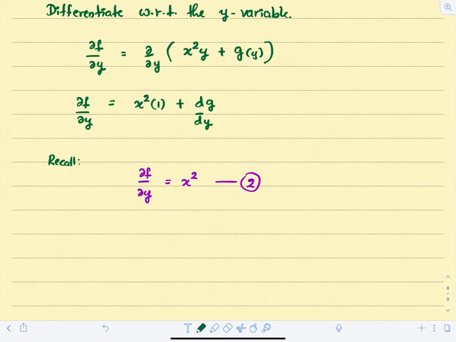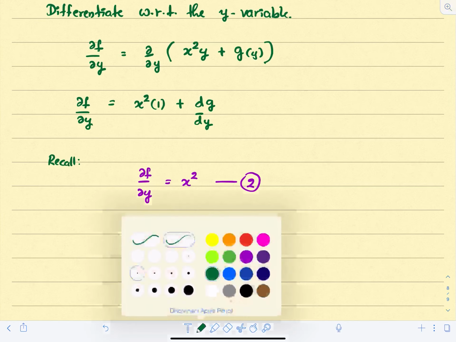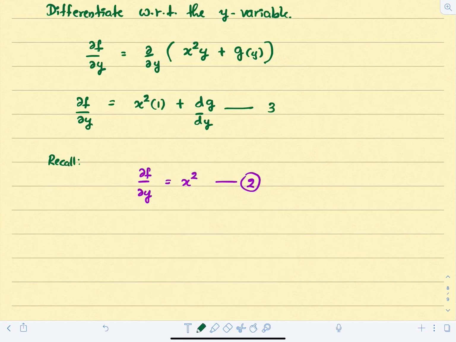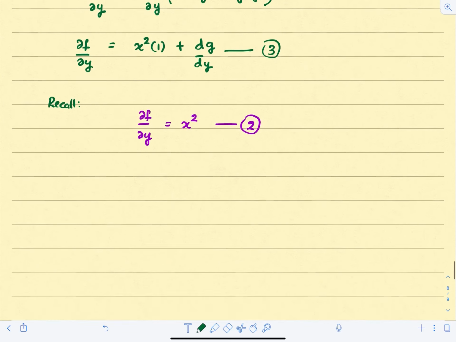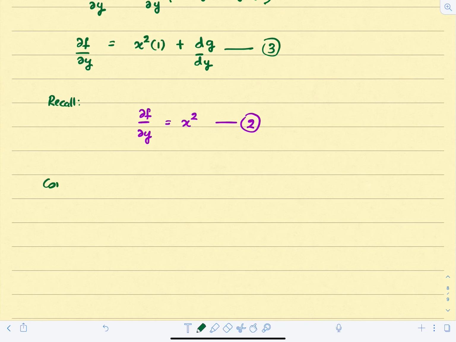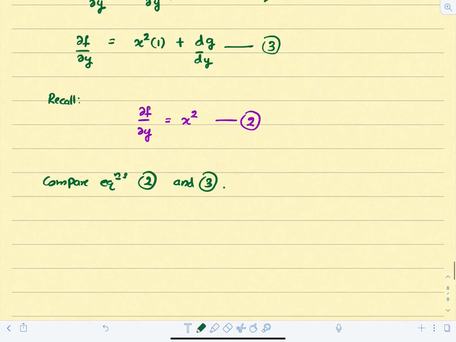So now let's compare. Let's say this is equation 3. So let's compare equations 2 and 3, because both equations express the same thing.